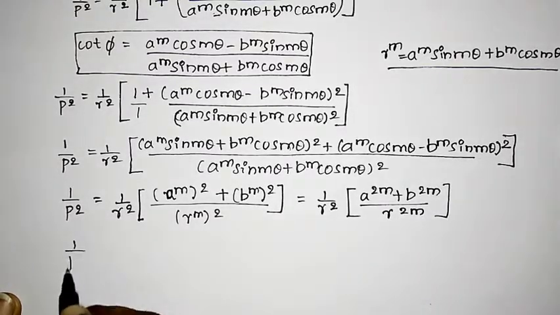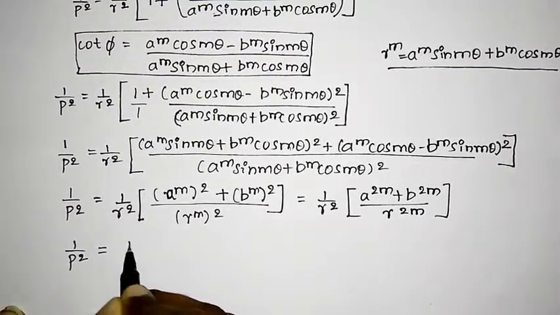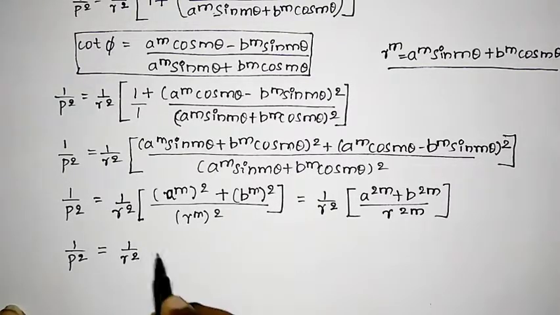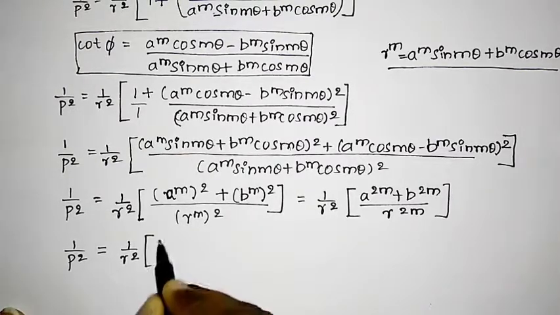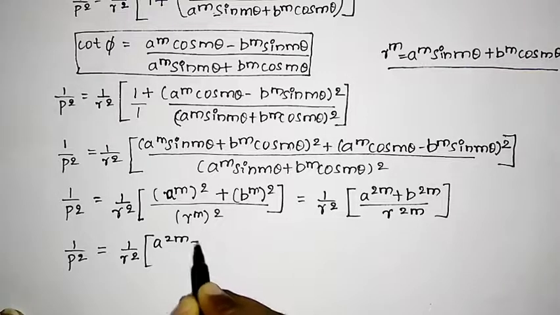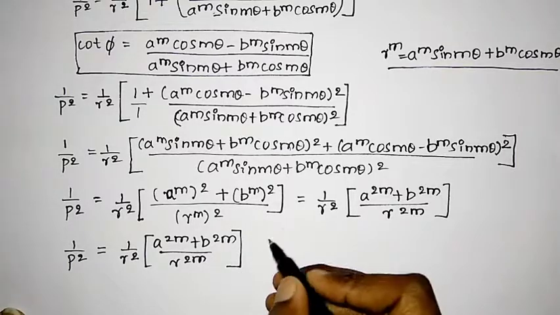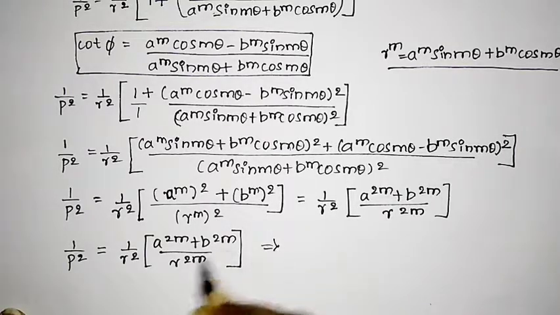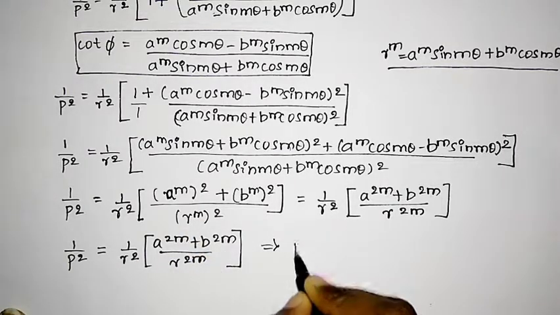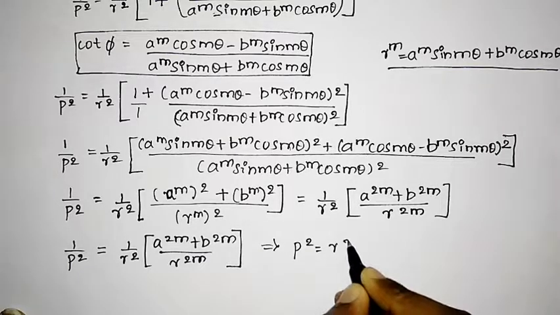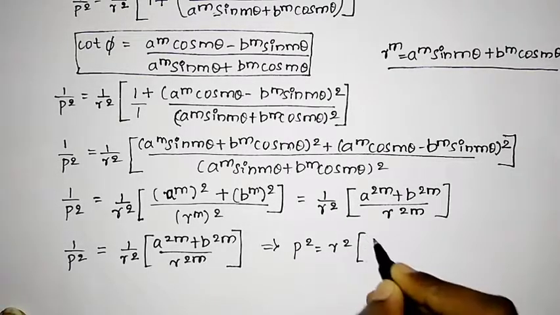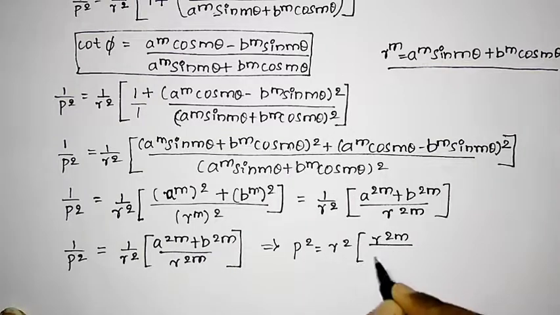Then 1 by p square is equal to 1 divided by r square into a raised to 2m plus b raised to 2m divided by r raised to 2 into m. Then we can write this in the form of, so we can write p square is equal to r square into, so it will be r raised to 2m divided by a raised to 2m plus b raised to 2m.